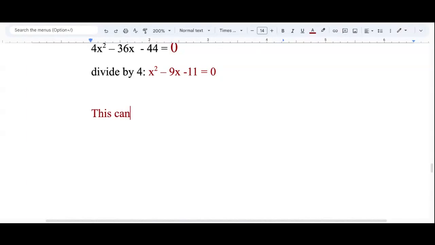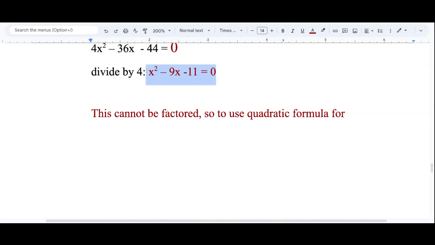So this cannot be factored, so to use the quadratic formula, this is very important, it has to have this form.